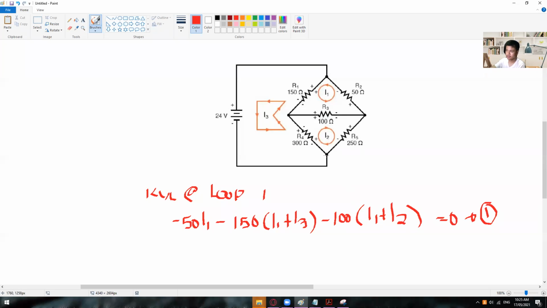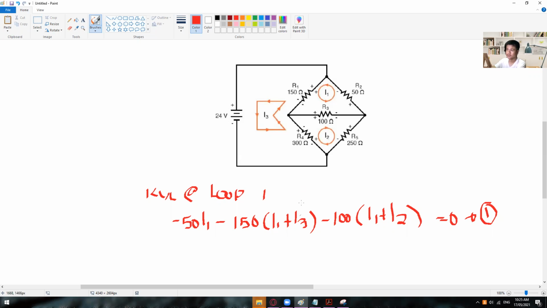So are we clear so far with our first equation? Okay, so again, just a reminder. Mostly this is where my students get an incorrect answer. When it comes to current, especially in mesh analysis, the signages of your I1 and I3 will always be positive.